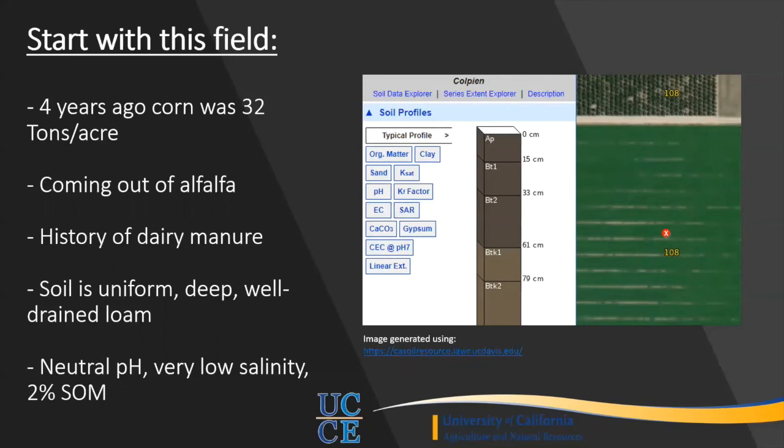There don't seem to be any chemical factors that would limit yield, like salinity. And we would expect the background fertility to be rather moderate or high coming out of alfalfa and having that history of dairy manure. And the evidence shows that we can get 32 tons per acre out of this field based on the record from 4 years ago with corn. So we're going to go with that number.